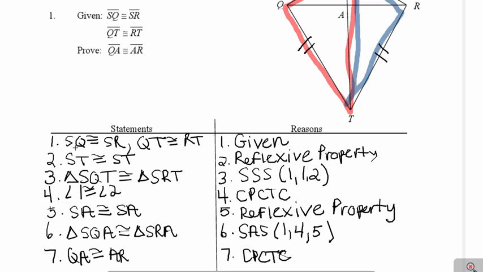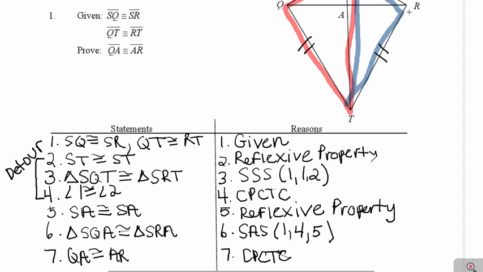The detour we had to take was proving the larger triangles congruent. That's where the name detour proof comes from. The only way that I could get those smaller triangles congruent is if I took that detour and proved the larger triangles congruent.